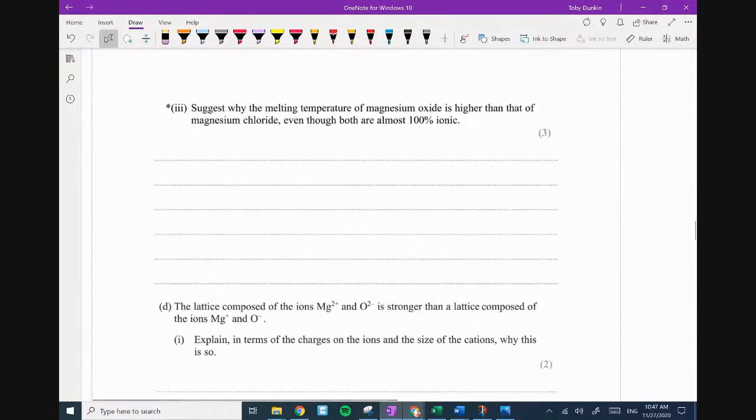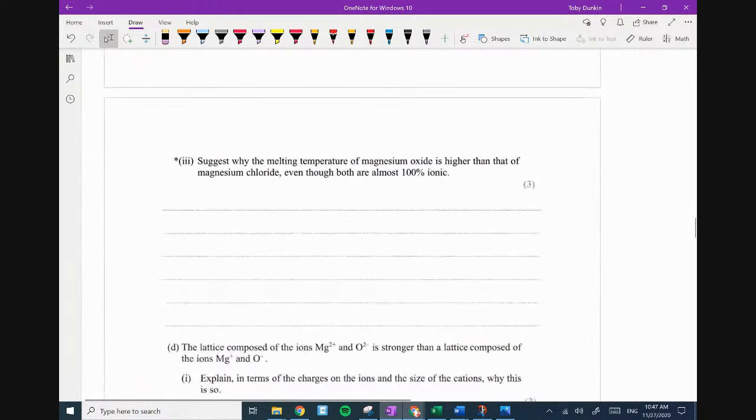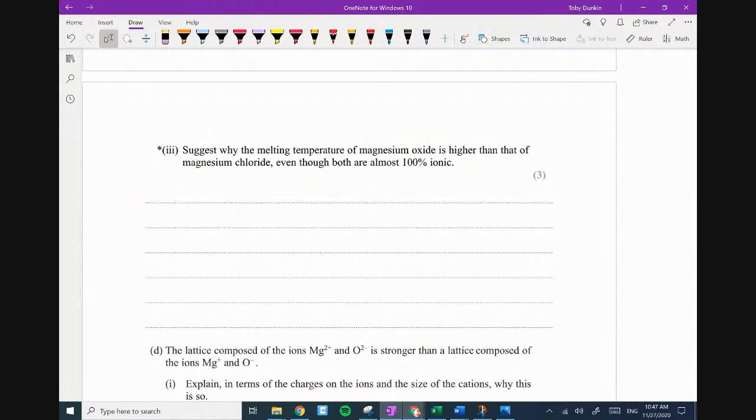Suggest why the melting temperature of magnesium oxide is higher than that of magnesium chloride, even though they are both almost 100% ionic. Right, hang on a minute. Magnesium oxide, MgO, versus MgCl2.